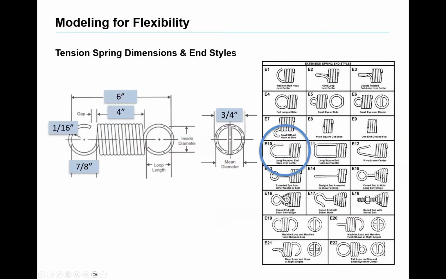And then these are the dimensions for the spring in its static state, or the way it sits on the shelf. Now, we can't necessarily capture all of these dimensions because we're going to build this in a way that we can assemble it, right? So we're going to use these dimensions as a guide, but we're going to do some things that allow us to vary this spring in the context of the assembly.